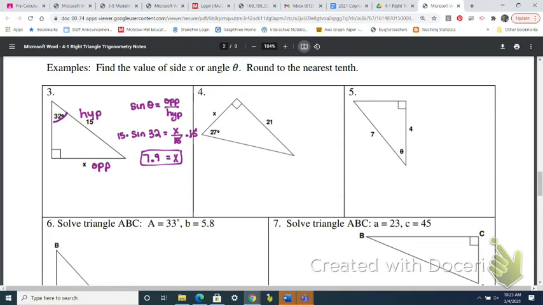Again, going on to B, same process. I'm going to mark my angle. I'm going to put what I know. So I know adjacent and opposite is the tangent.